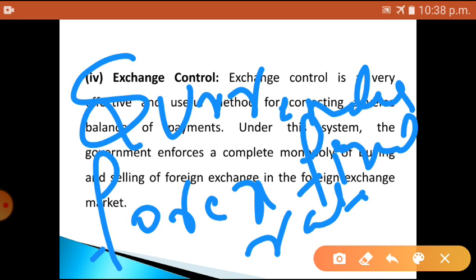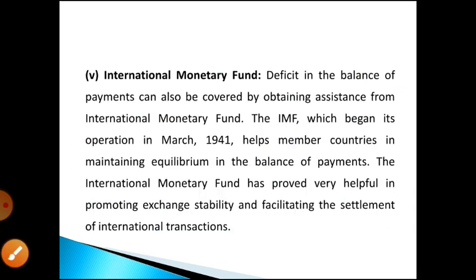After that, the central bank will share out the foreign exchange among the licensed importers. The central bank uses that foreign exchange only for essential goods that are imported, that much only they will import. The other foreign reserves they keep for future purposes.